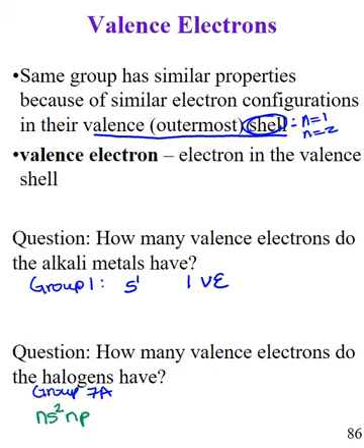So n, remember, is just standing for the row number, meaning the shell. And now, because we're in group 7, there's going to be 5 electrons there. So 5 plus 2, that's going to be a total of 7 electrons. So there are 7 valence electrons for the halogens.